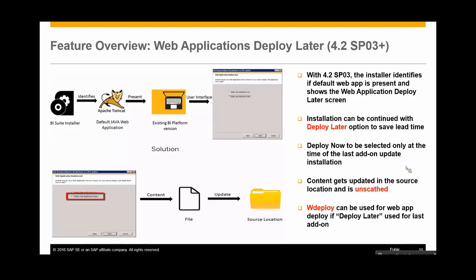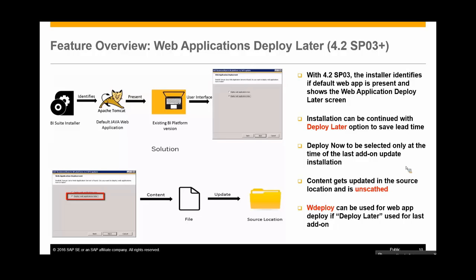After your BI platform installation, you could go and check the CMC, and you would get an error that the Tomcat is not deployed. After this, you would next click on the Explorer setup, and that's when you again get the screen asking whether to deploy web applications now or later.